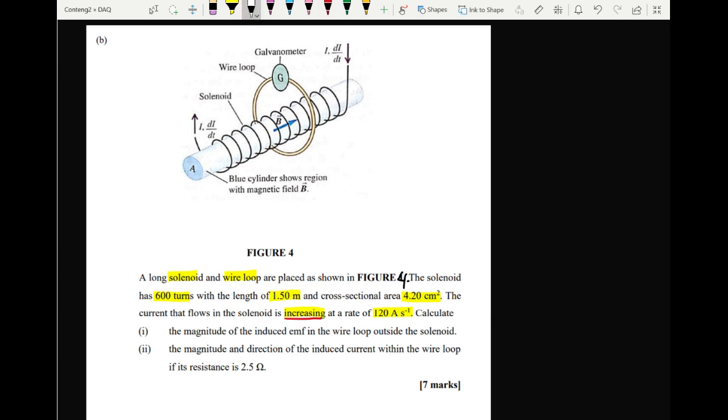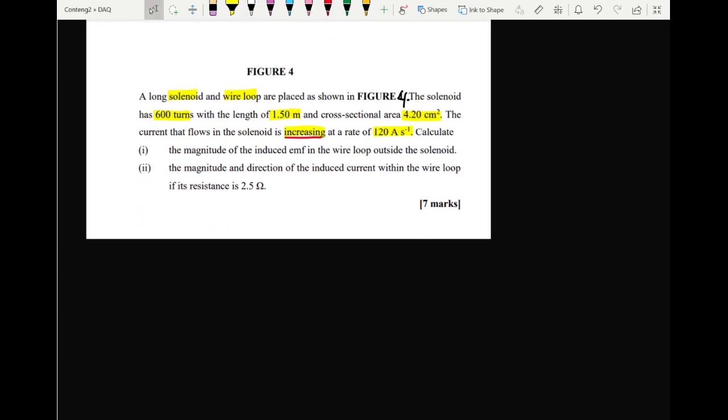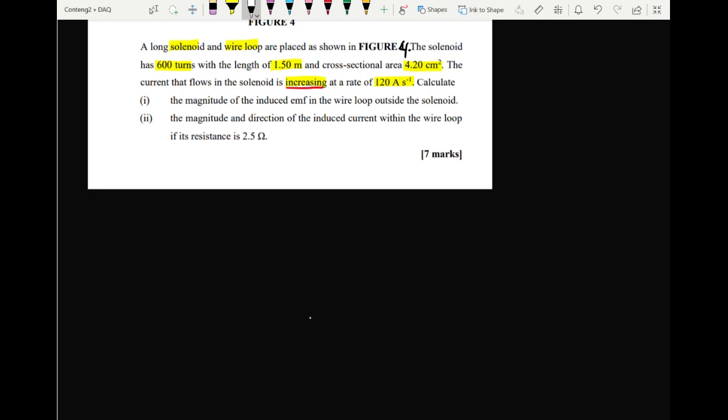Okay, so as usual, list out the information. For the solenoid, we have the number of turns, so I make it N1, 600 turns. And you have the length, 1.50 meter.